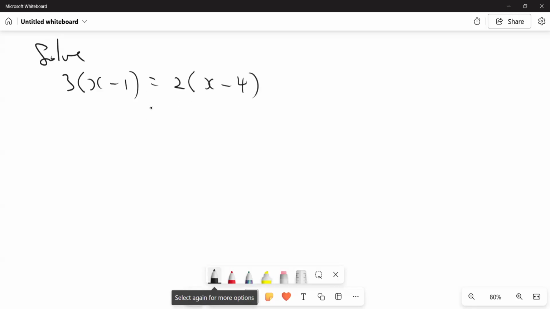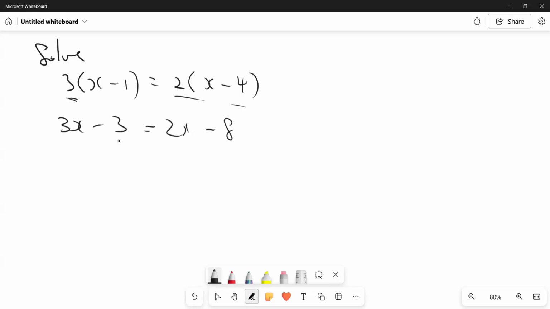So look at that. You can remove your brackets there. You multiply everything in the bracket by what's in front here. You do the same thing over here. So you end up with 3x minus 3 equal to 2x minus 8.